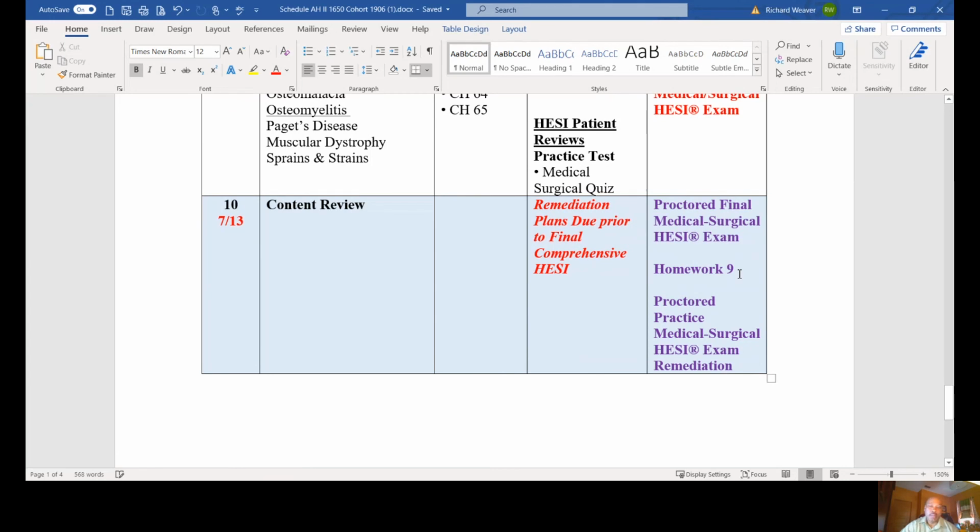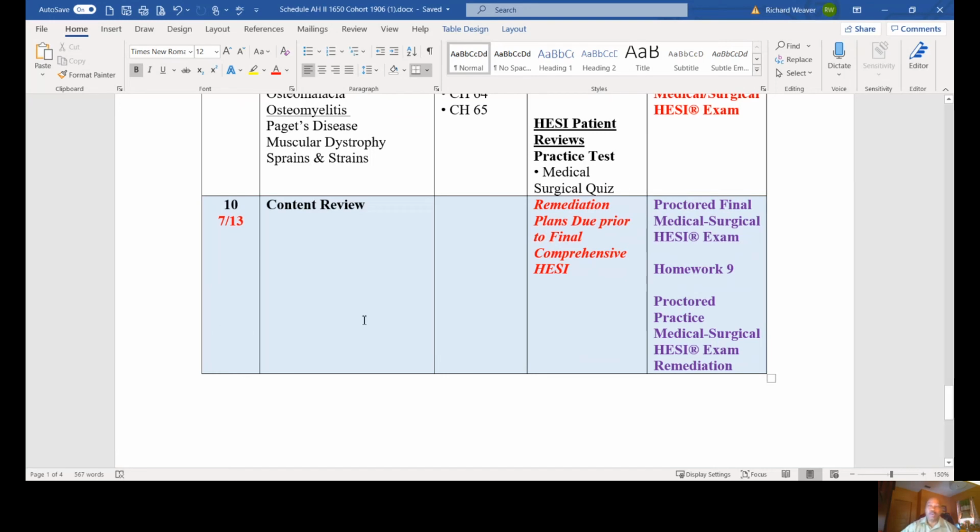I might go ahead and move the midterm HESI, because I'll be actually creating the midterm as well as the final. I know we still call it HESI, but it's actually an exam that is created by the instructors until we get back on campus. So anyway, I might move that closer to maybe the 6th week or something, depending on what we have going on.